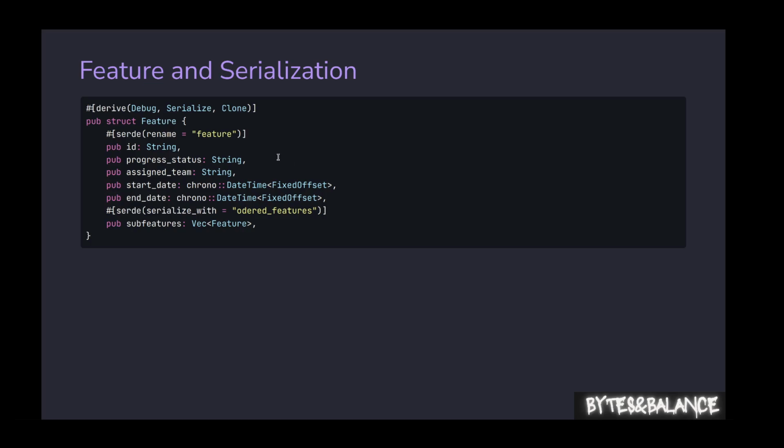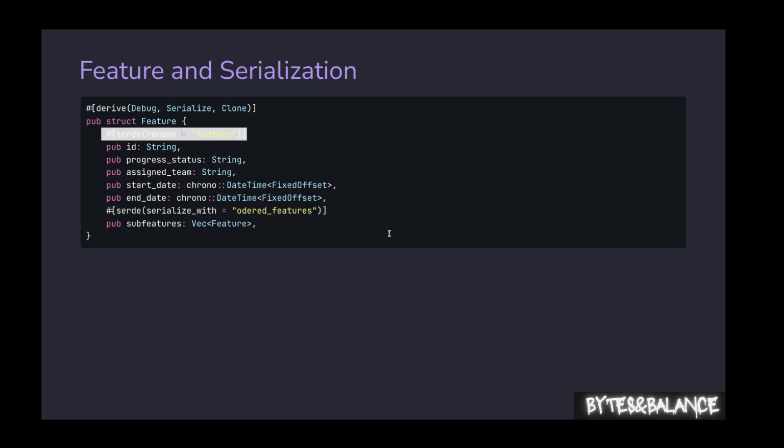The line serde rename feature that we have here uses serde's attribute to specify that the ID field should be renamed to feature when serializing or deserializing instances of feature.